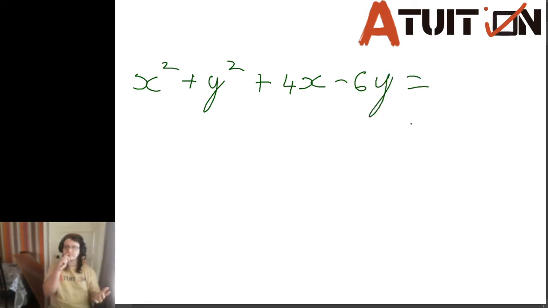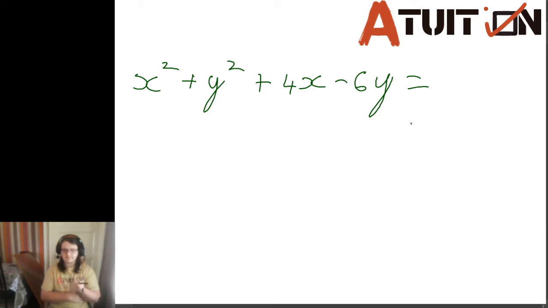If it's equal to something, then it's actually an equation, and since we've got two variables, we can plot that on a graph. I want it to be equal to something where we can make some sense of it. So in order for that to happen, it has to be a square number.